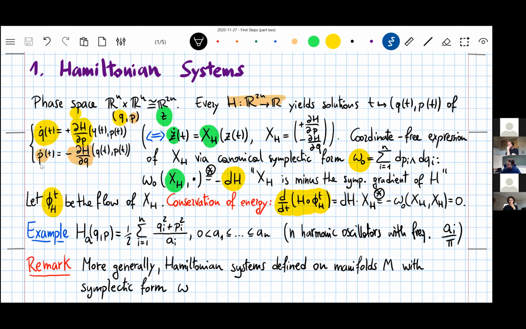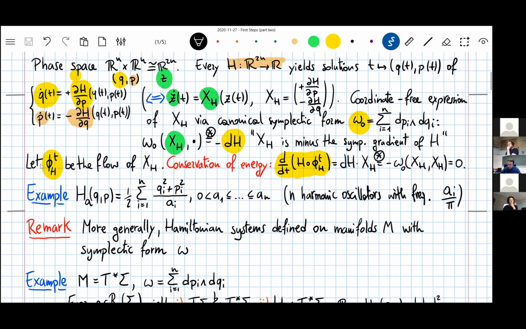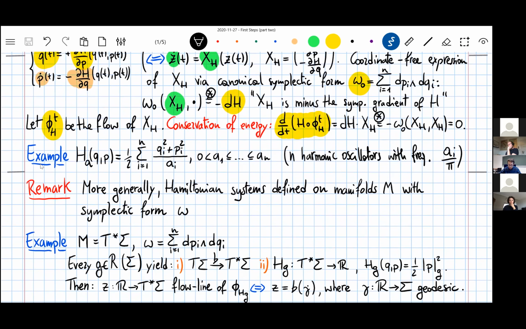And then this setting that I'm presenting now in R^2n, actually you can generalize it for more general spaces. You can take any manifold M endowed with a symplectic form omega. Now, in general a symplectic form is just a non-degenerate two-form, which is also closed: d omega is equal to 0.